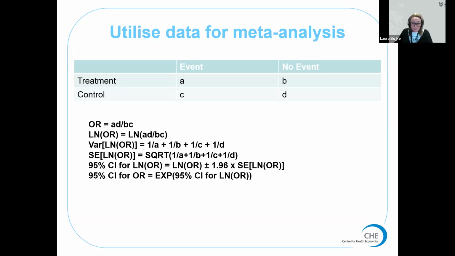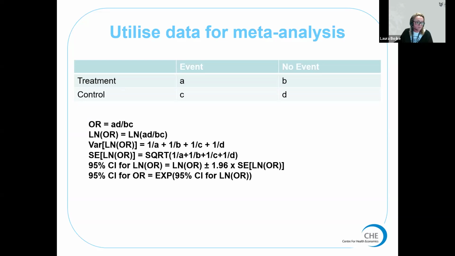We can also express the uncertainty around this relative effect measure, and here we calculate the 95% confidence intervals. And as I mentioned, odds ratios in particular tend to be quite skewed. So we calculate this measure of uncertainty by first logging the odds ratio. As I said, they tend to be quite skewed and therefore mathematically quite challenging to deal with. So what we have here is 95% confidence intervals for the log of the odds ratios.